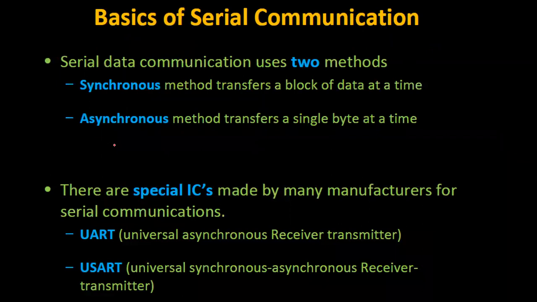Okay, और what we saw कि हमारे पास दो तरह से serial communication possible है. Synchronous communication. Synchronous communication में a block of data can be transferred, for example, a complete file, start, and then start sending. Asynchronous communication is a single one byte at a time.